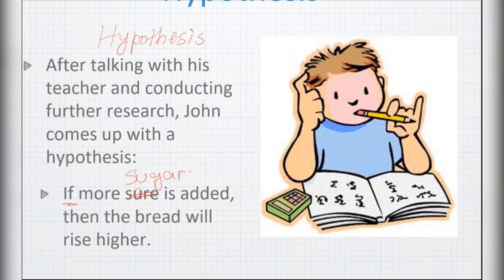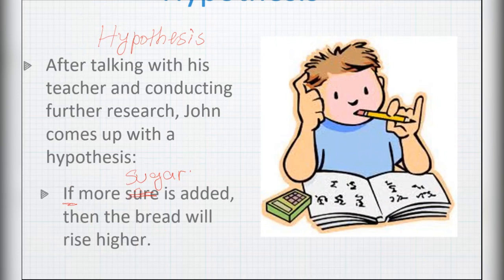I hope you still remember a hypothesis is a testable statement which always contains if and then. After talking with his teacher and conducting further research, John comes up with a hypothesis. What is his hypothesis? If more sugar is added, then the bread will rise higher.